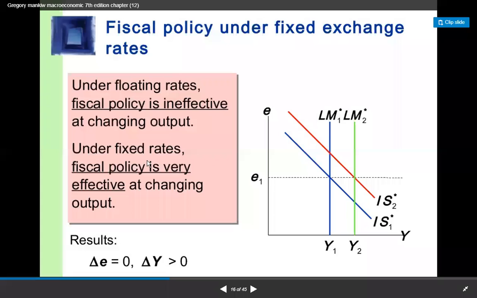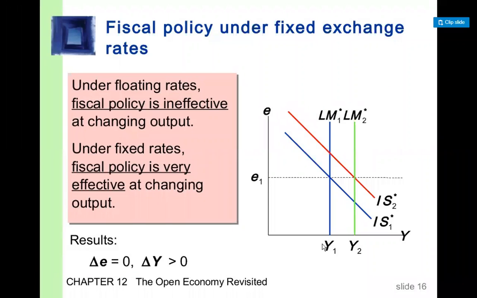Under fixed exchange rate, expansionary fiscal policy in recession is very effective at changing output level to remove the recession in the economy. That is the best policy. Getting the point? So in this diagram, the same, then in the next slides, we will discuss monetary policy under fixed exchange rate.